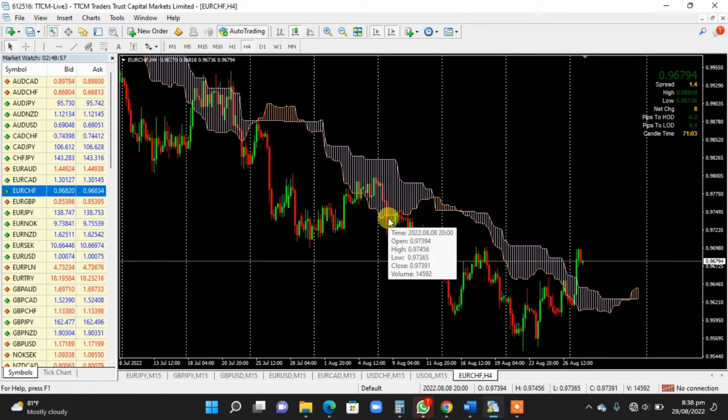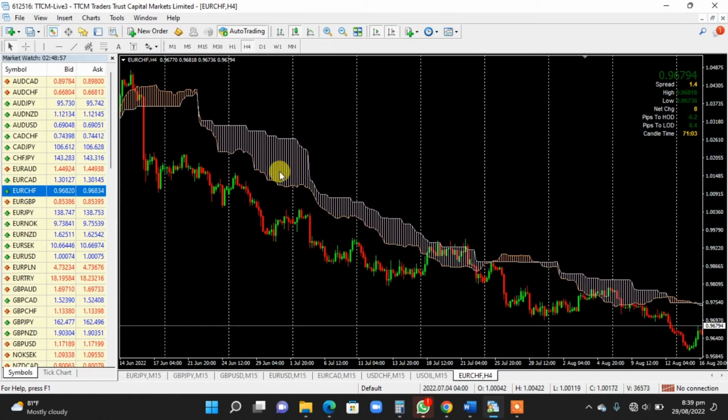Prices close below the cloud, we are in the sell zone. This is the most basic way of approaching Ichimoku. First, you look at the Kumo, the cloud. If prices are under the cloud, we are in the seller zone. If they are above the cloud, we are in the buyer zone.